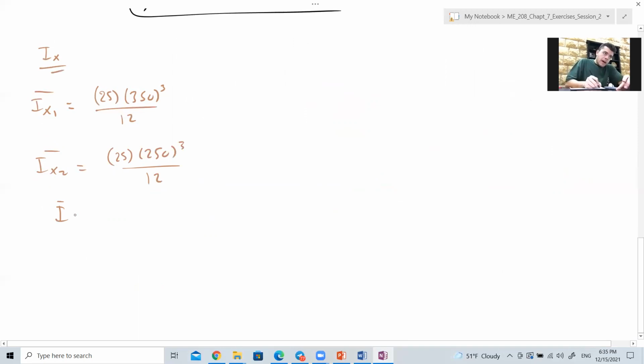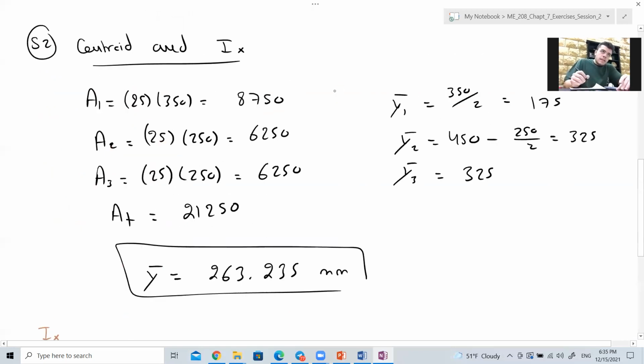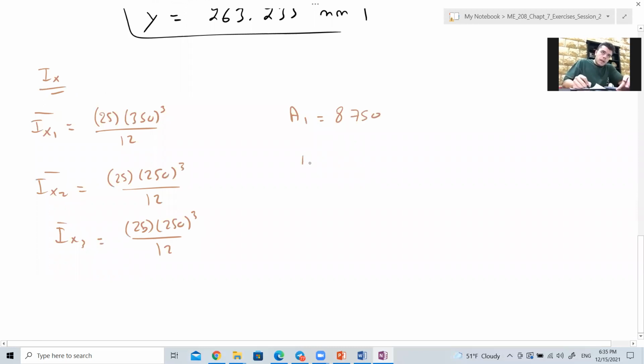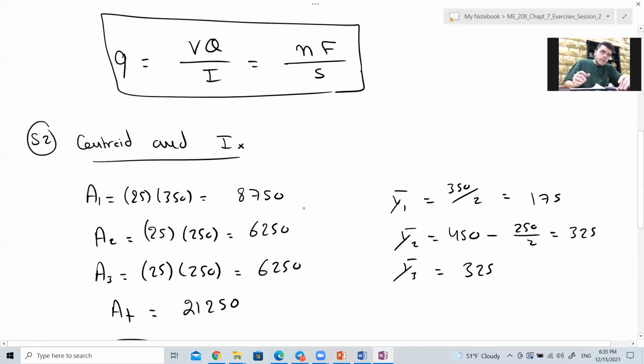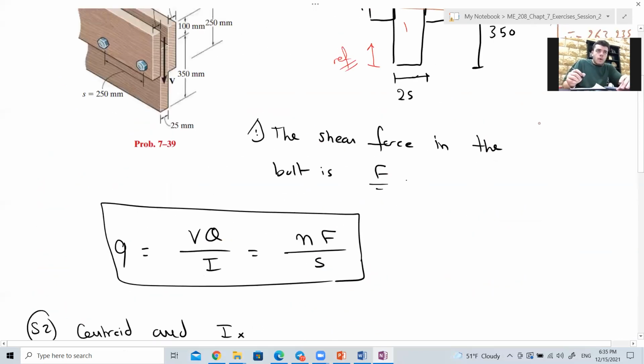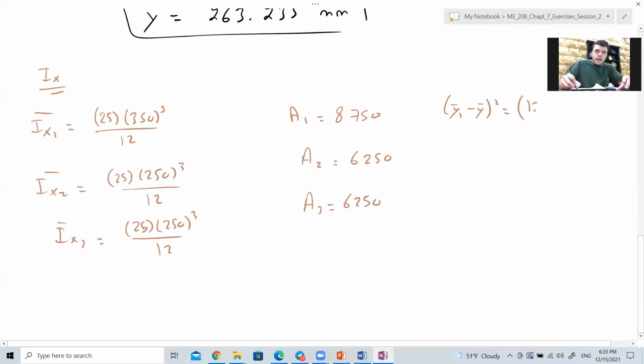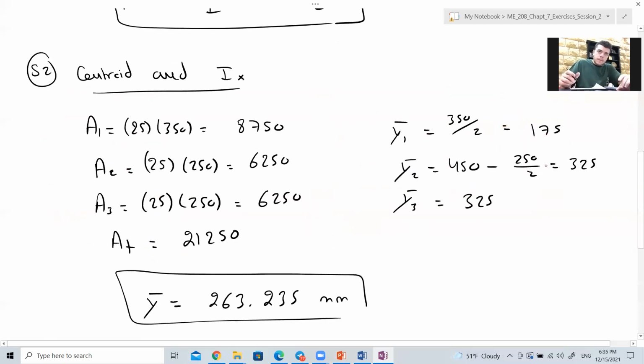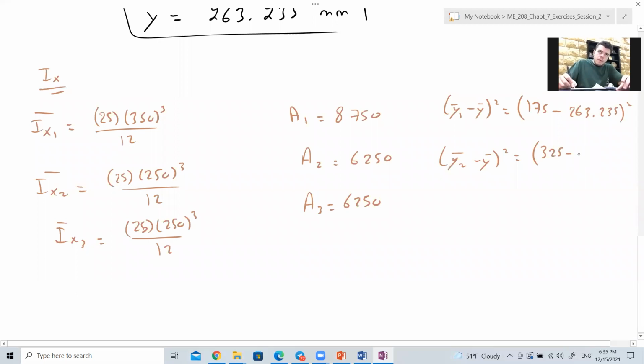Ix3 bar is also 25 times 250 cubed over 12. A1 is 8750, A2 and A3 are 6250. And y1 bar minus y bar squared: y1 bar is 175 minus 263.235 squared, and y2 bar minus y bar squared is 325 minus 263.235 squared.